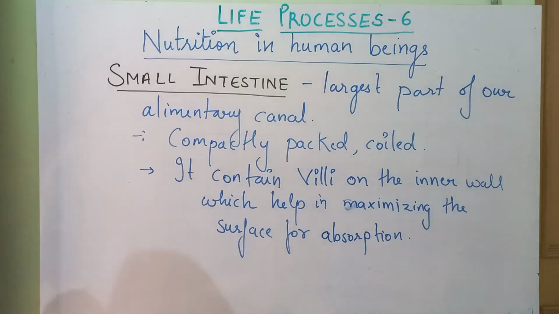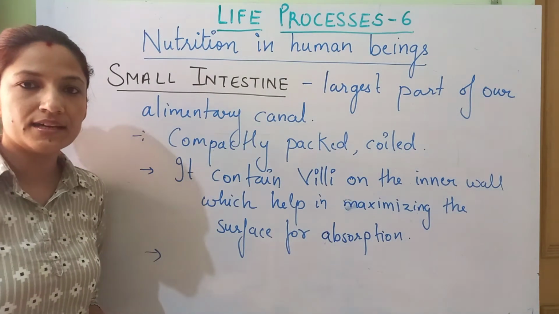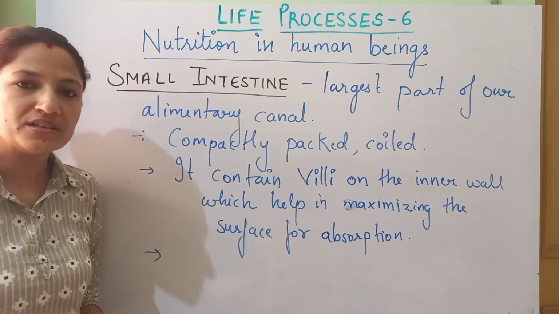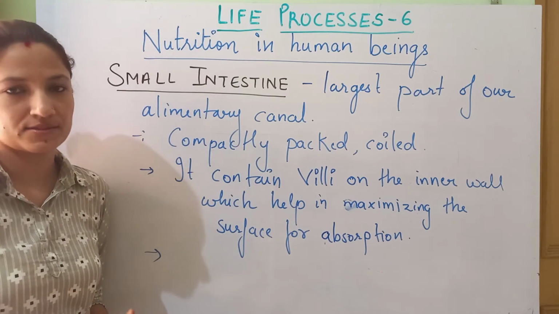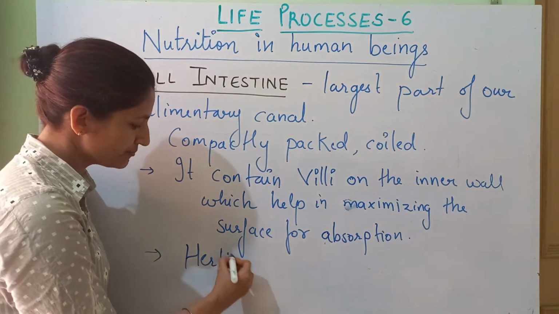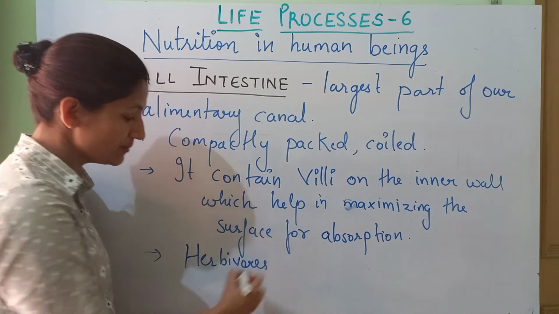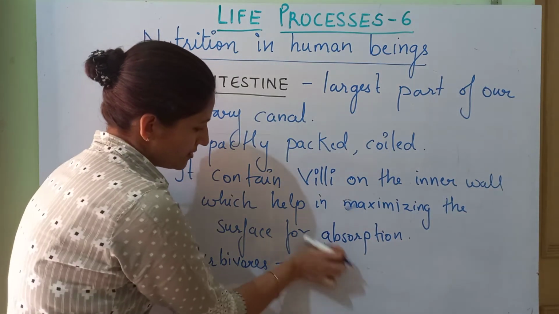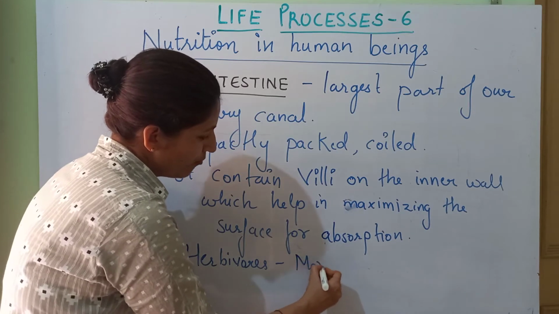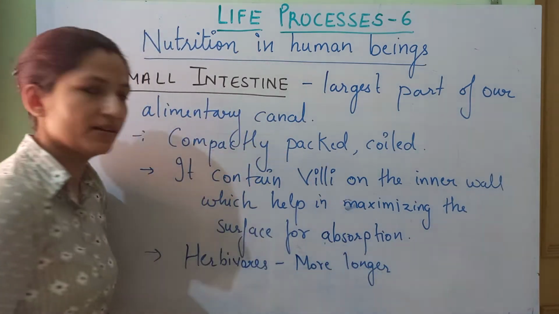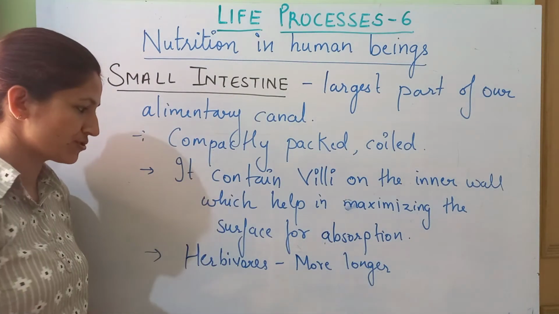Got it? Another thing which is important, the length of the small intestine varies in different organisms. That depends upon the kind of food we are consuming. In the case of herbivores, grass eating animals, this is, we can say, longer as compared to that of the carnivores.